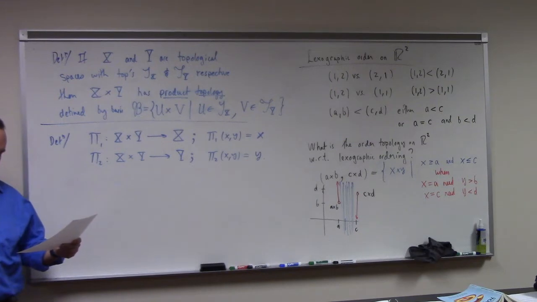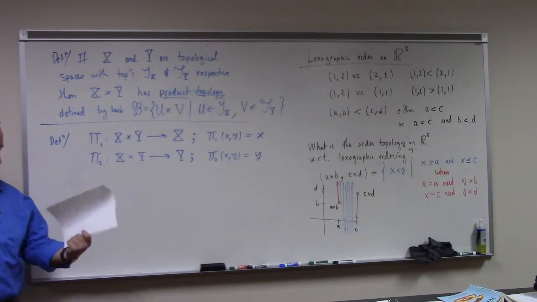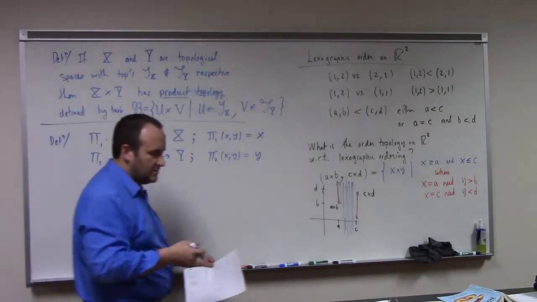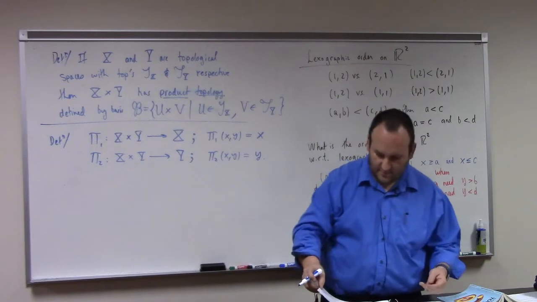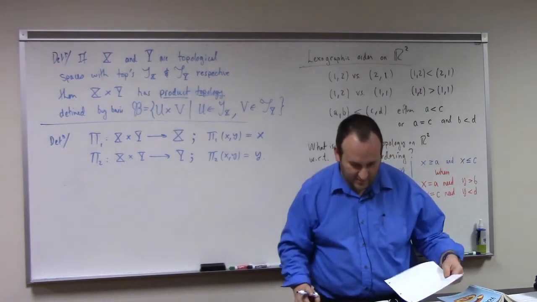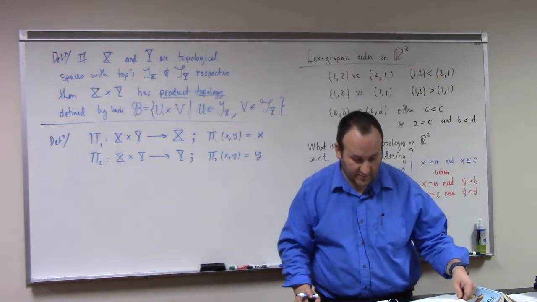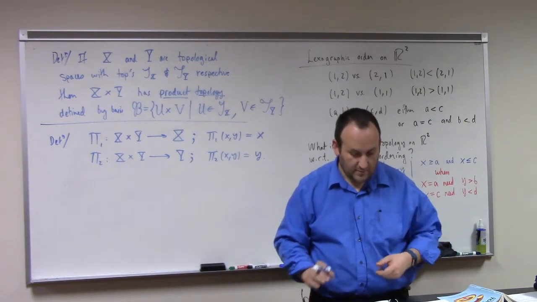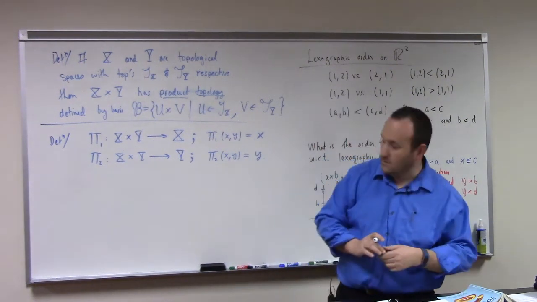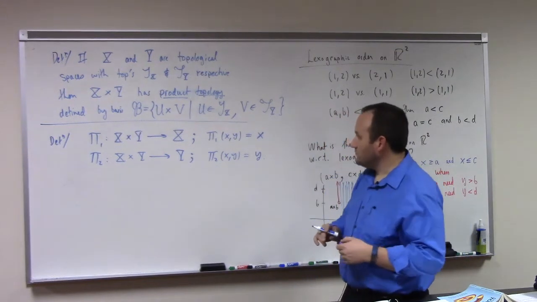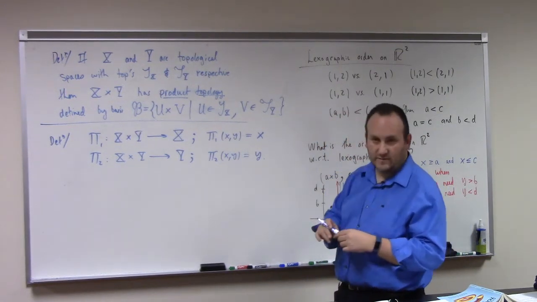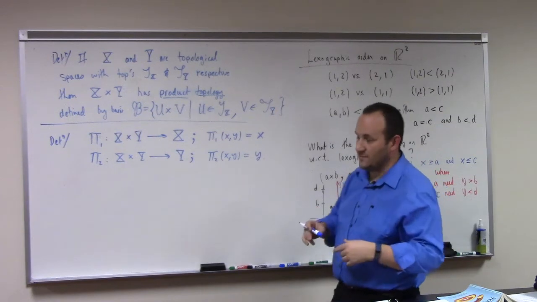It's open in the product topology, and we've built the basic open rectangle. We found the subbasis. My notes have let me down here. Oh, here it is: a subbasis for the product topology. That actually gives us an example of a subbasis.